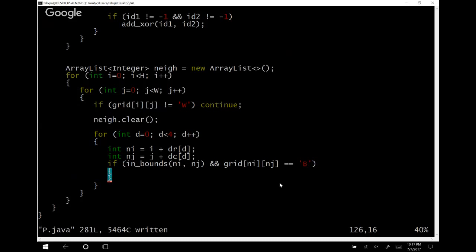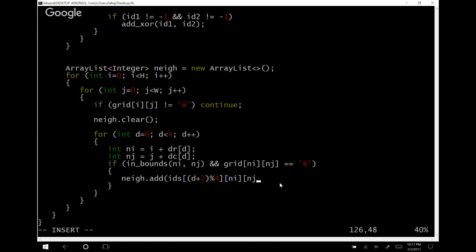If that's the case, I can add that cell's ID to my neighbor cells. So I need to go in the reverse direction, because if I'm going down, then my neighbor is going up to see me. And I just have to get its ID. So I add its ID to my neighboring IDs.